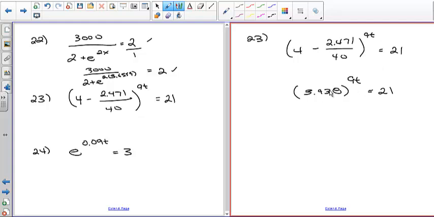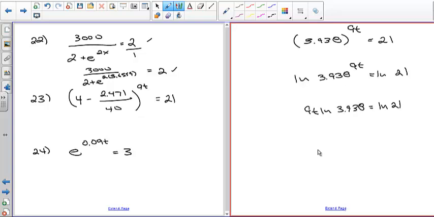And so here's our base. It's not an integer, but doesn't have to be an integer. We again use the natural log here. So we take the natural log of both sides. Natural log of this to this power is that power times the natural log of 3.938, is equal to the natural log of 21.